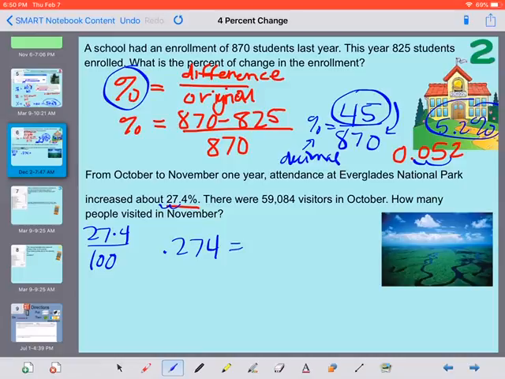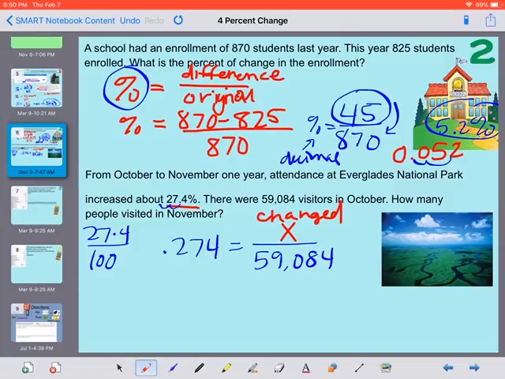We know that the original number of people that visited in October was 59,084. We don't know the amount that the population changed. We don't know how many people were different, but we know the original number in October.